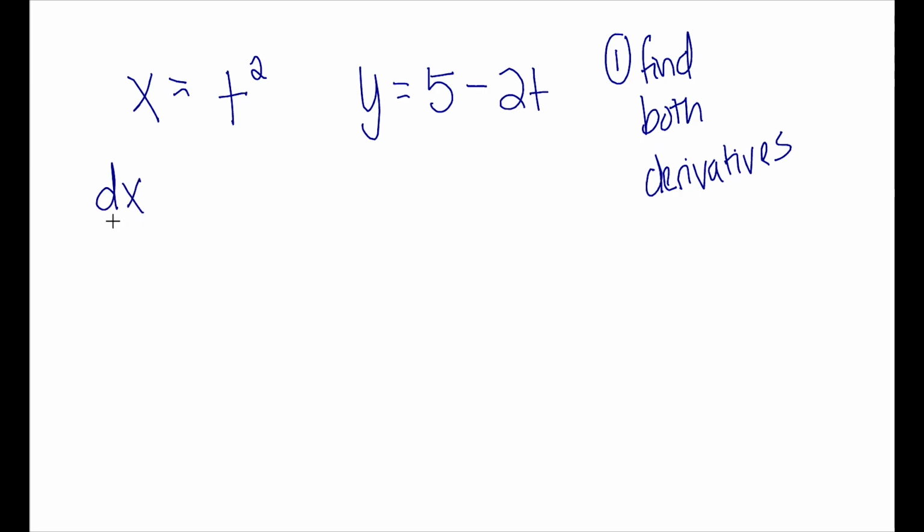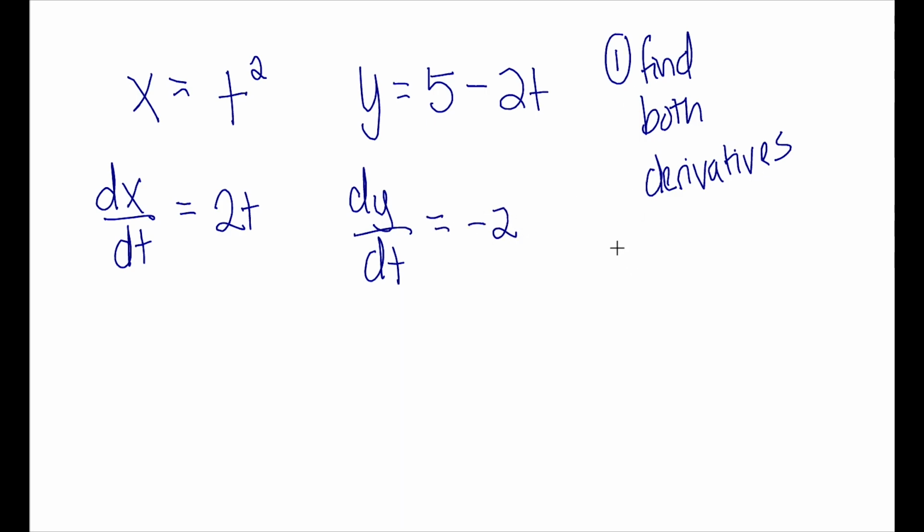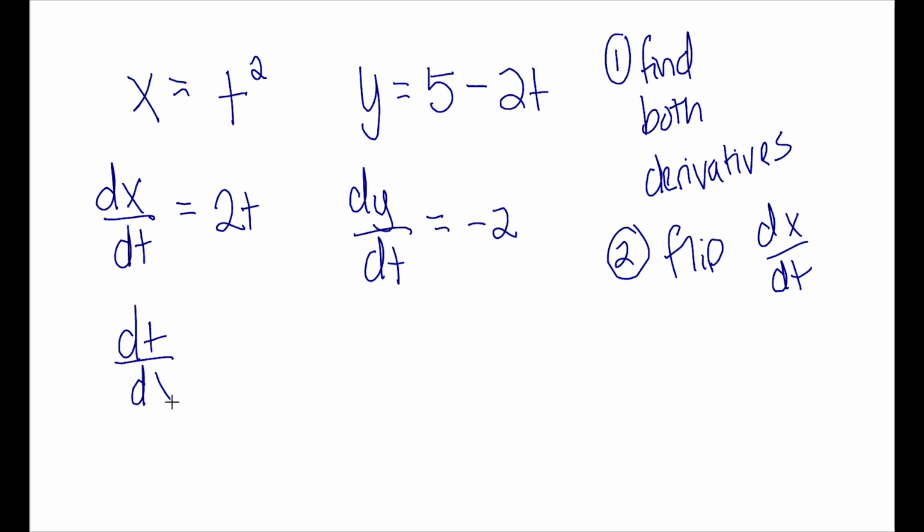So the derivative of x in terms of t is 2t. The derivative of y in terms of t is negative 2. You're going to flip dx over dt to make dt over dx, which is 1 over 2t.